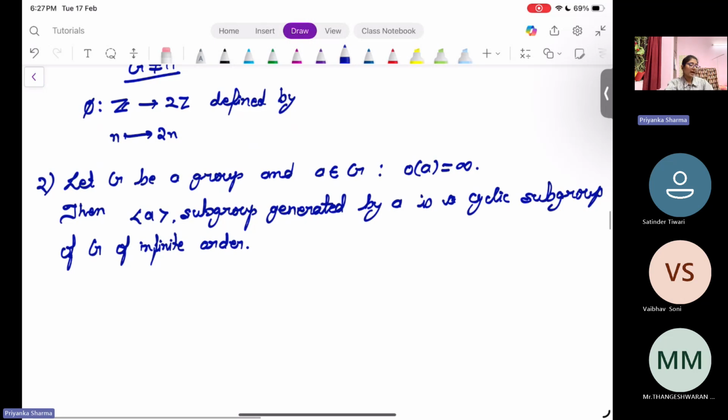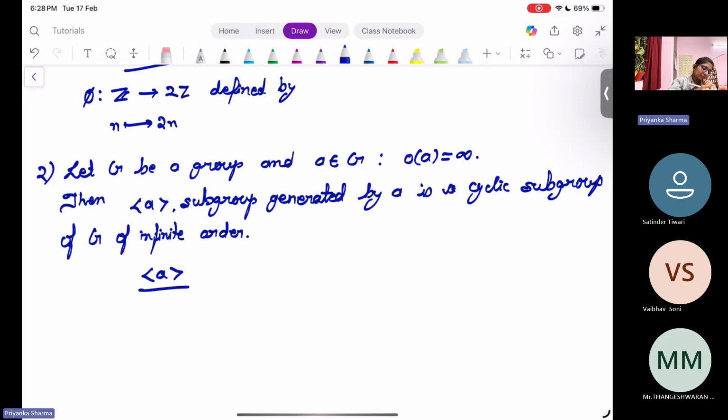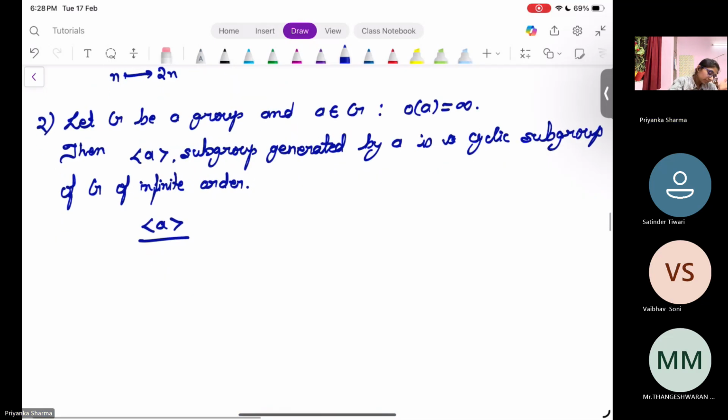Why? This is a subgroup, which is clear. Why is it cyclic and why is it of infinite order? Since it is generated by a single element a, it is cyclic. And suppose its order is not infinite, then we get a contradiction to the fact that the order of a is infinity.